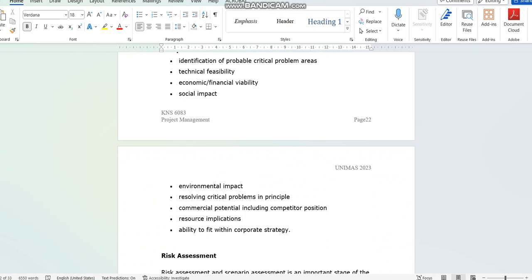So this analysis will also tell you one very important thing. What are the risks involved, you see? So maybe there will be some social impact, social risk. Maybe you may need to purchase the adjacent land, or otherwise you cannot do certain things, for example, or you will need to convince a certain social group of people.